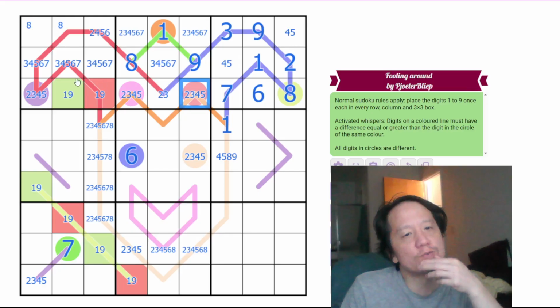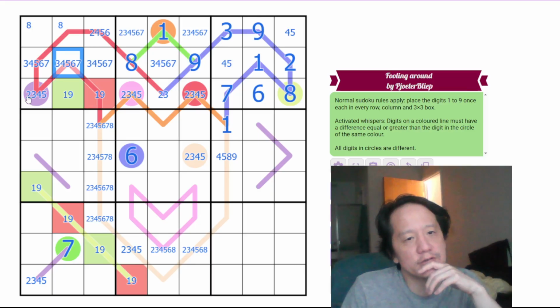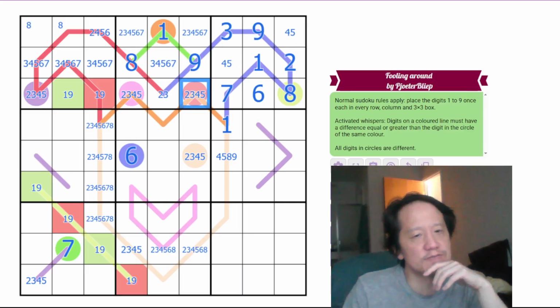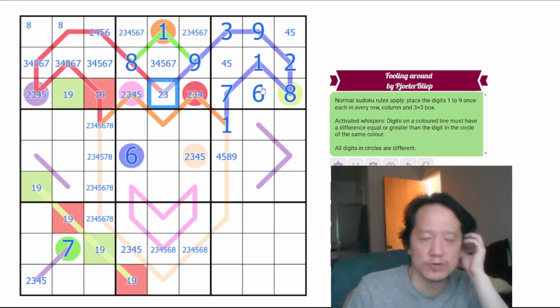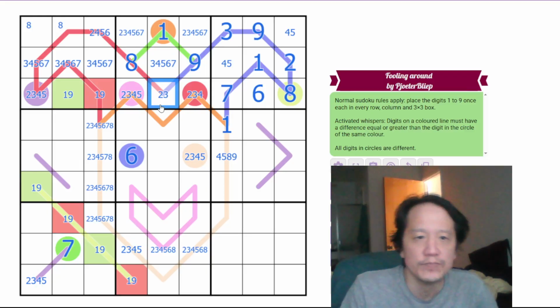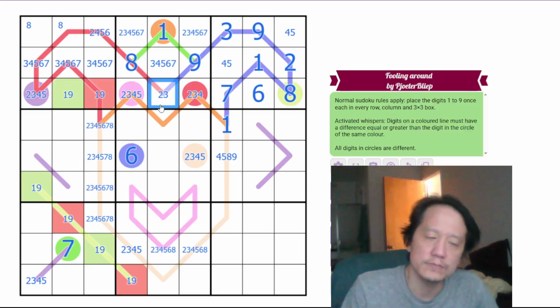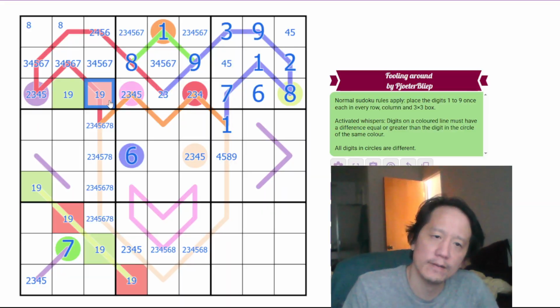If the difference for red is 5, this has to be 7. And this is 2, 1. But then this would be 6, so this cannot have a difference of 5. So there can't be the German whisper lines. 2, 3, or 4 here. Can it be 4?